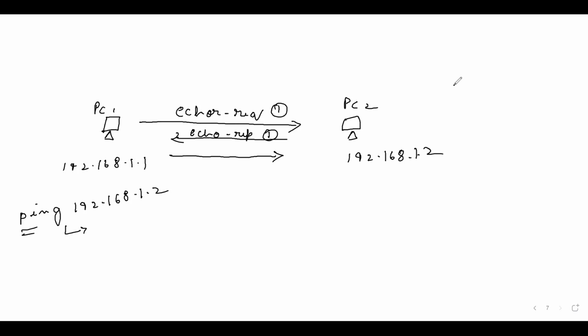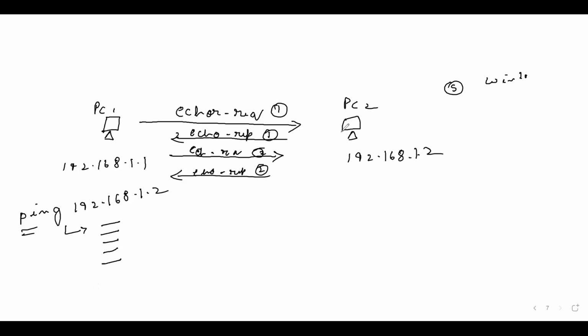Cisco sends 5 packets, your Windows sends 4 packets. So it will send echo request 2, then echo reply 2 like this. That is how your ping function works.